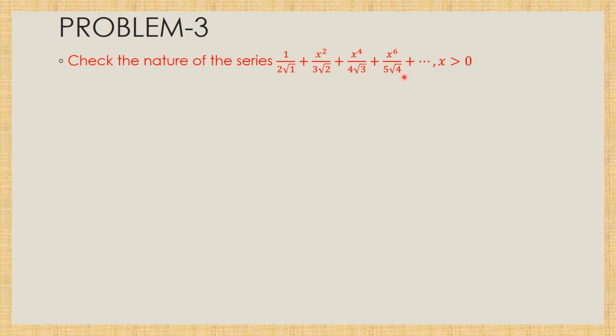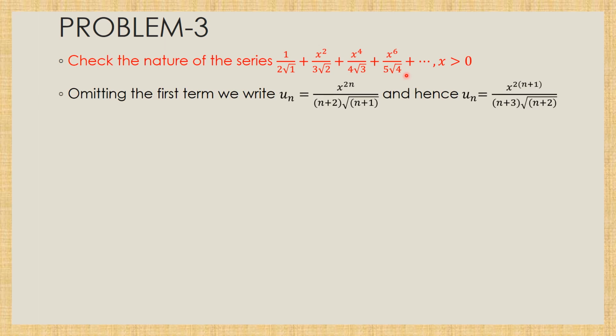So first we have to write the nth term of the given series, that is un. Here, for our convenience, let us omit the first term. Even without omitting the first term, you can directly write the nth term, no issue. For the time being, let me consider the first term as x square by 3 into root 2, the second term as x power 4 by 4 into root 3, the third term as x power 6 by 5 root 4.